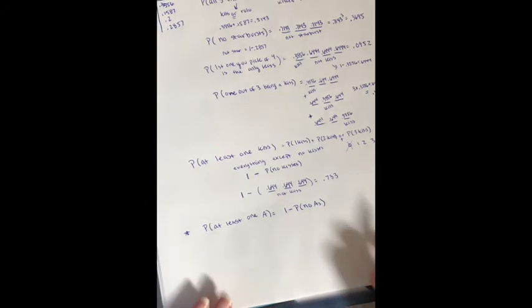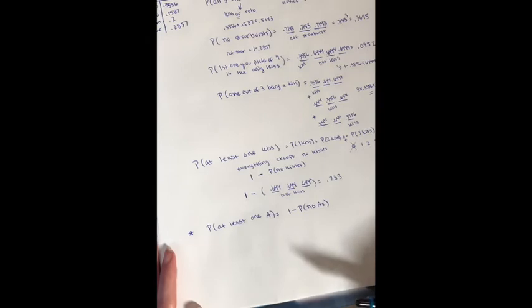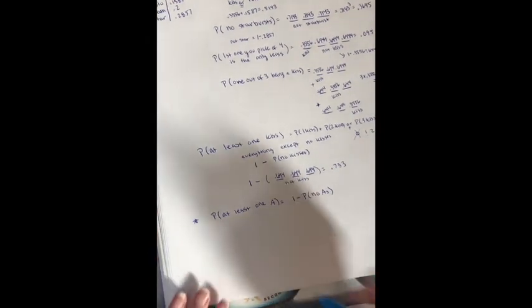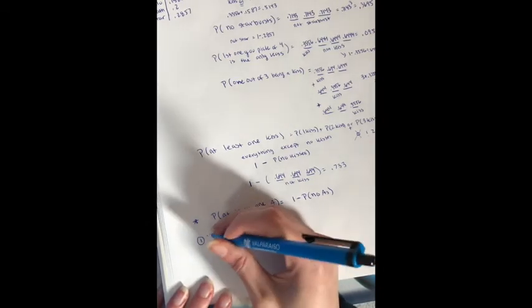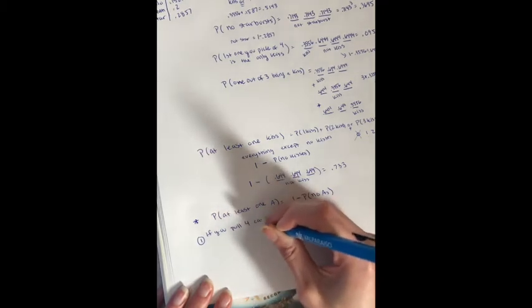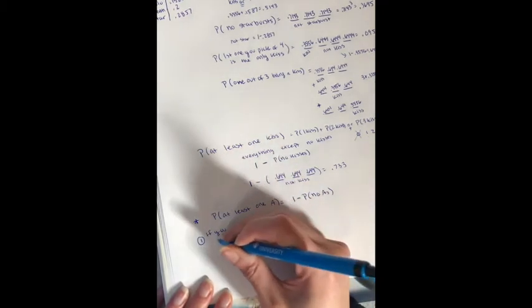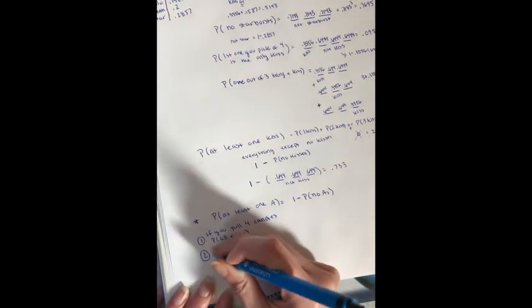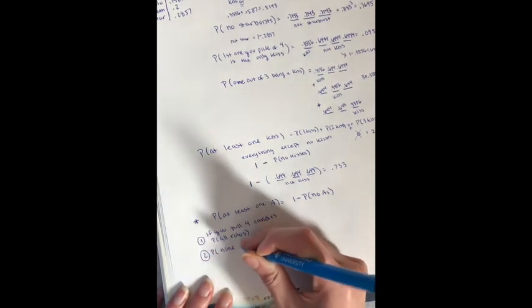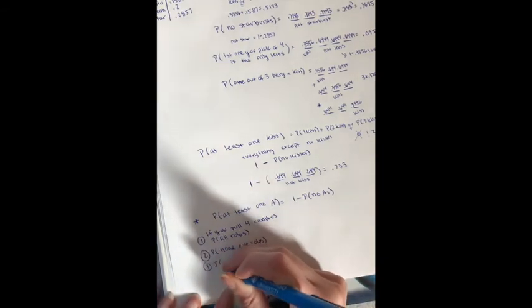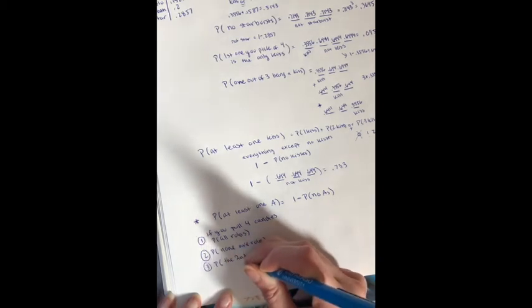Okay, so I'm gonna give you guys some time to try it yourself. I'm gonna give you just 4 problems here. All of these are you pulling 4. 1, what's the probability they are all Rolos? 2, what's the probability none are Rolos? 3, what's the probability the second is the only starburst?